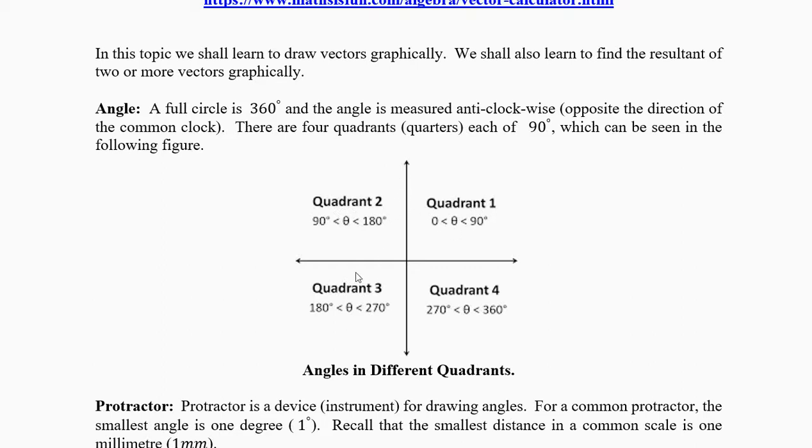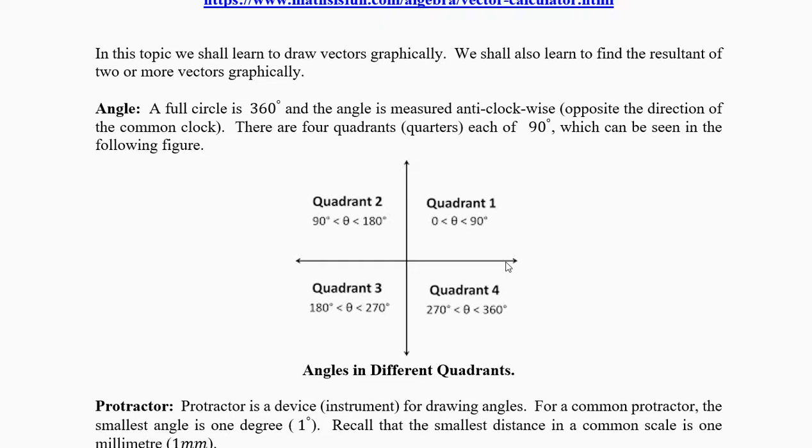Your graph has four quadrants. Quadrant 1, the angle 0 starts here, then it becomes 90 degrees here. Then it proceeds and becomes 180 here, then 270 here, then 360 also and 0 also. How? After 11 o'clock you get 12 o'clock on your watch, but 12 o'clock is the same as 0 on the watch.